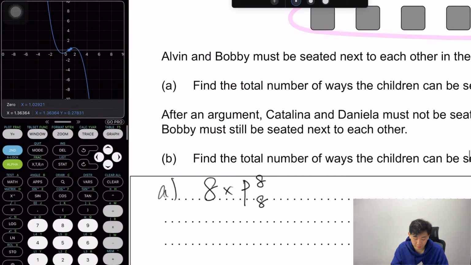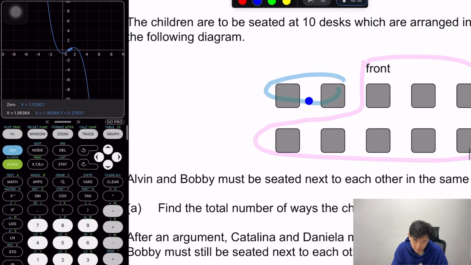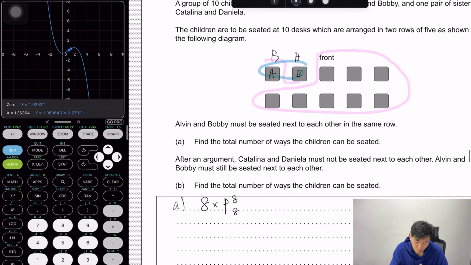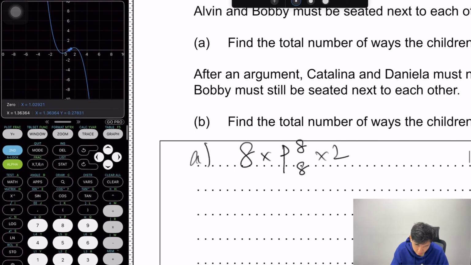And then it is not done yet because within the brothers, they also have two ways to do that, right? So it could be A this one, B this one, or B this one, A this one. So within every single combination of these 8 pairs of seats that they can sit together, you also have to multiply further by 2.